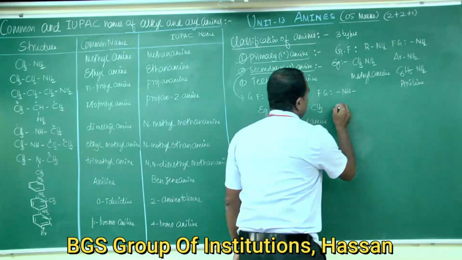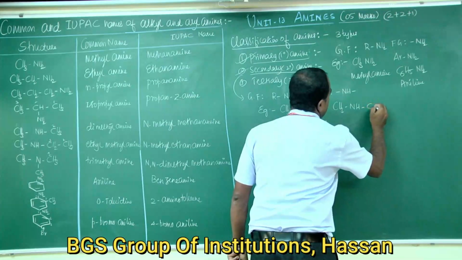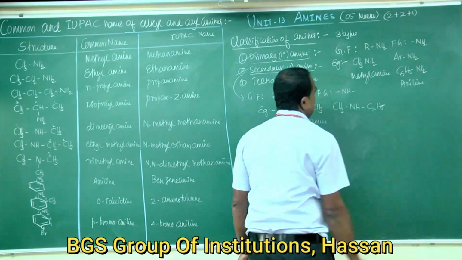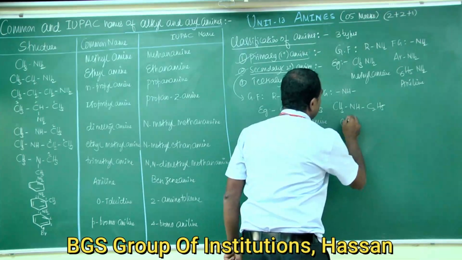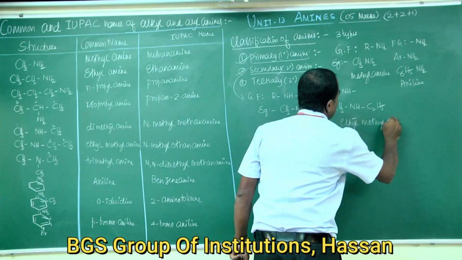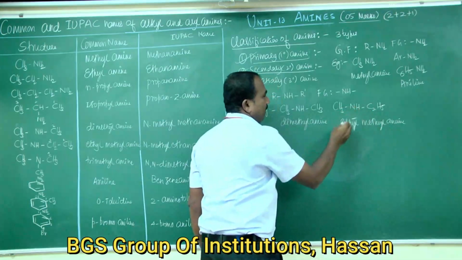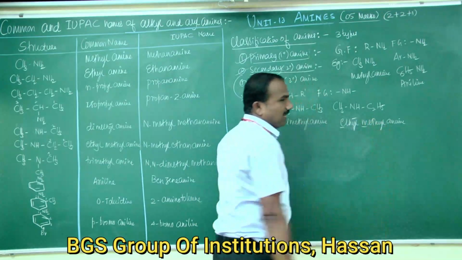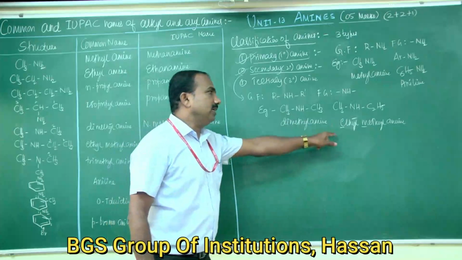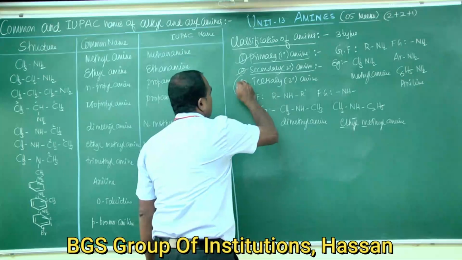If they are different, that is CH3-NH-C2H5, this is ethylmethylamine. The E letter is written first, followed by M. This is a secondary amine.